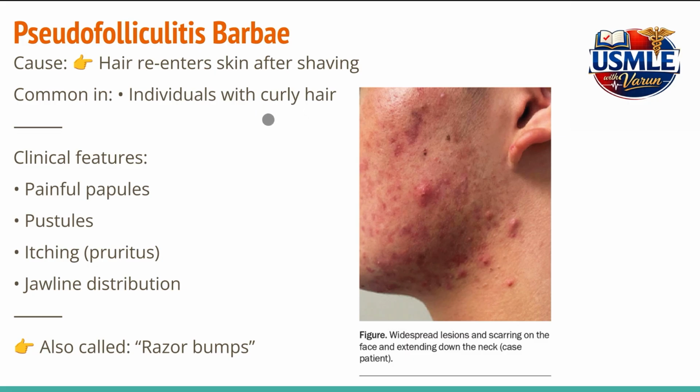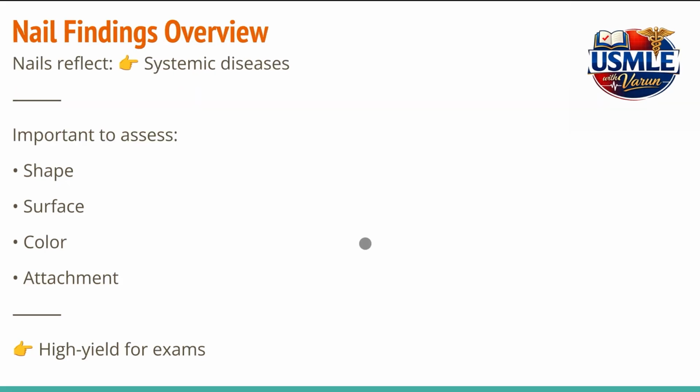Clinically, these patients present with small, painful bumps or blisters along the beard area, especially at the jawline. There is often itching and irritation present in this condition. This is not an infection, it is a mechanical problem that leads to inflammation. So hair re-enters the skin, leading to inflammation, leading to papules and pustules.